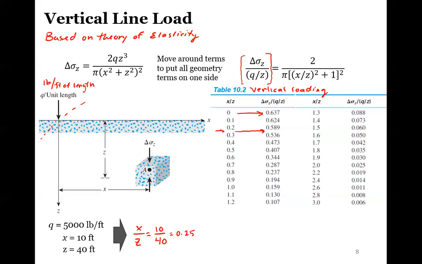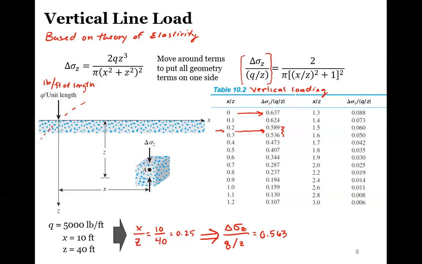We would interpolate between these two, and we would see that delta sigma Z divided by Q divided by Z is equal to about 0.563.